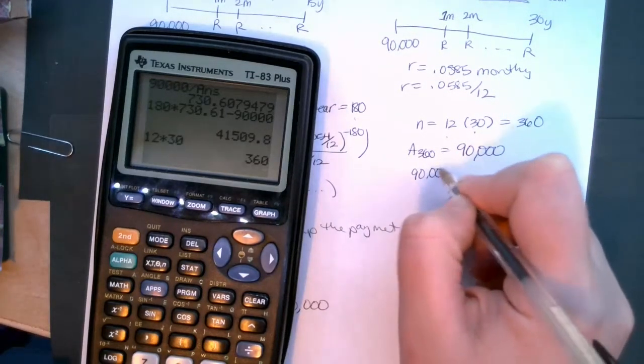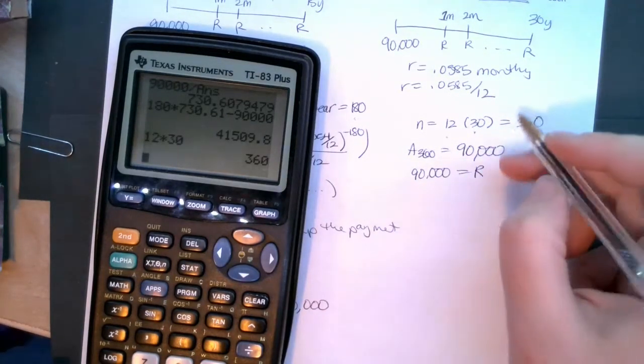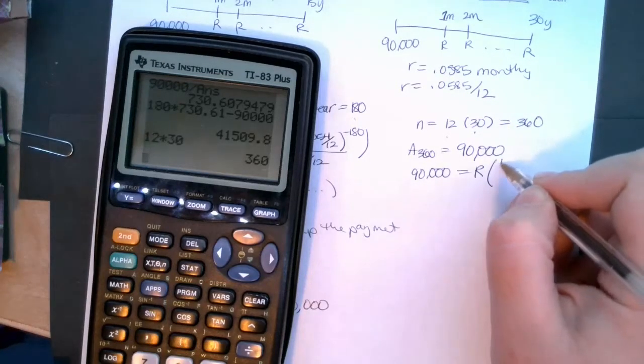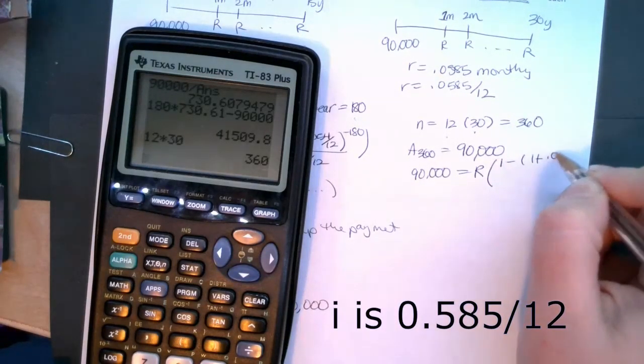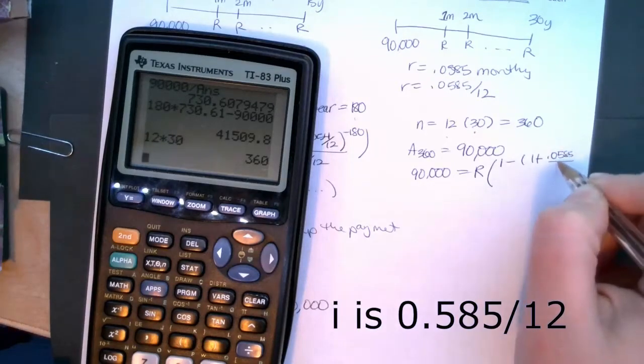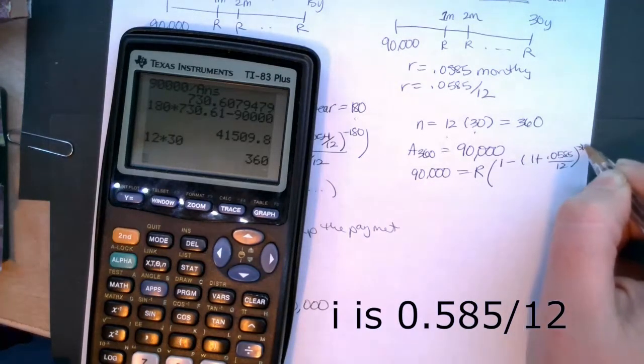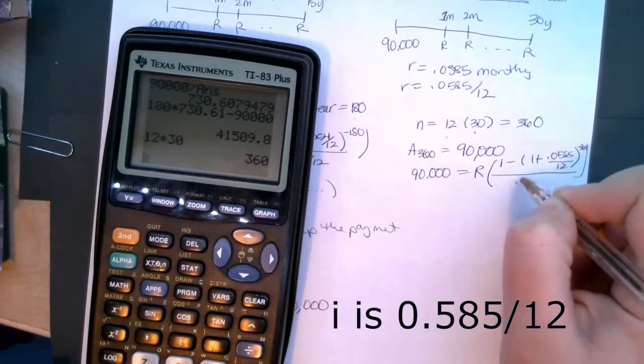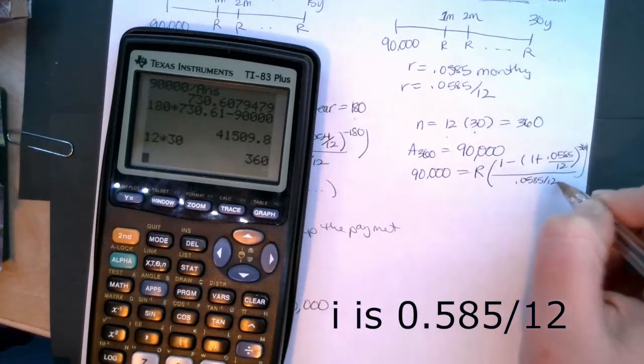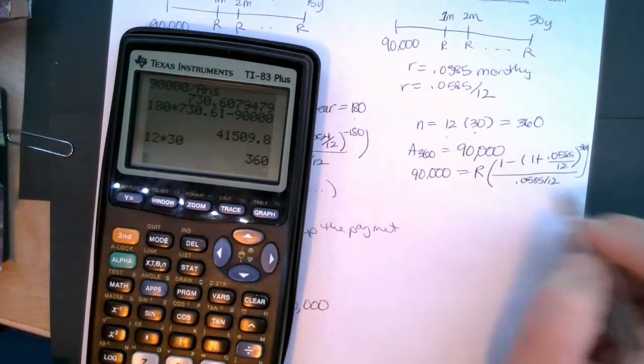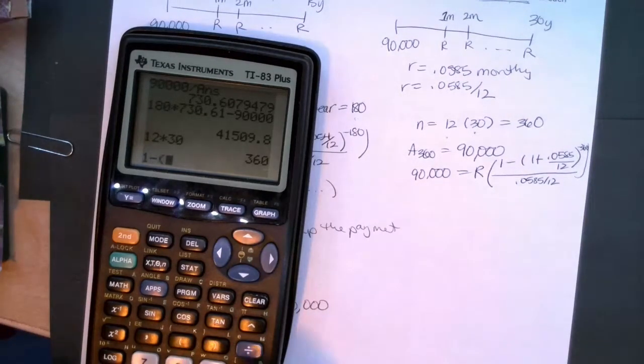So then we get 90,000 equals R times 1 minus 1 plus 0.0585, because here we have a different rate. So negative 360 over 0.0585 over 12. So I'm going to find that coefficient just like we did before.